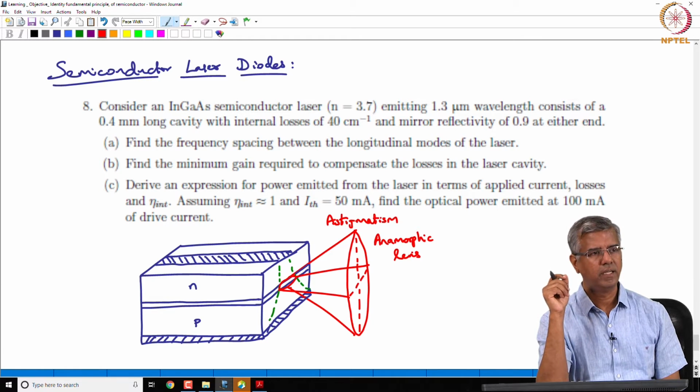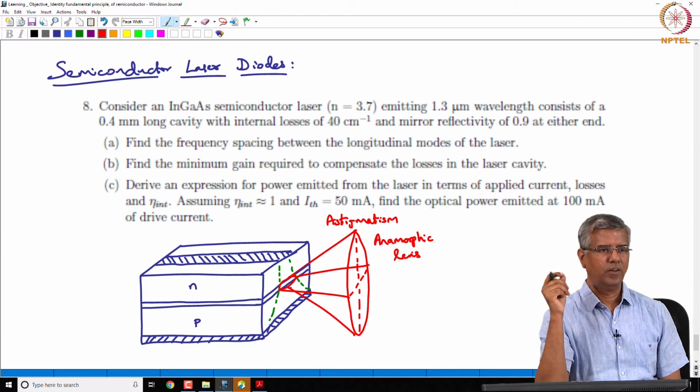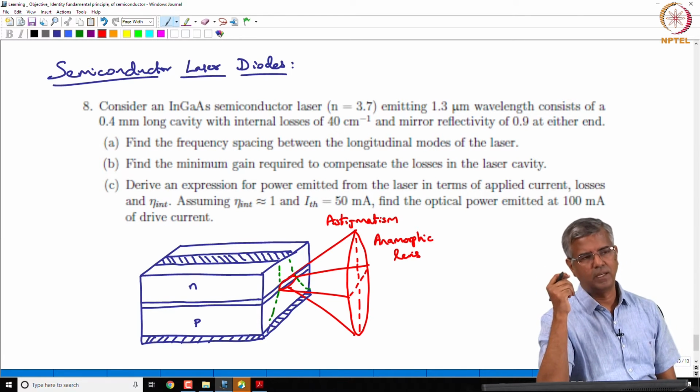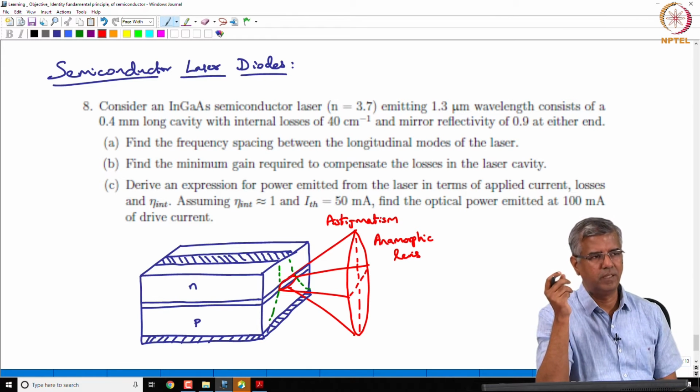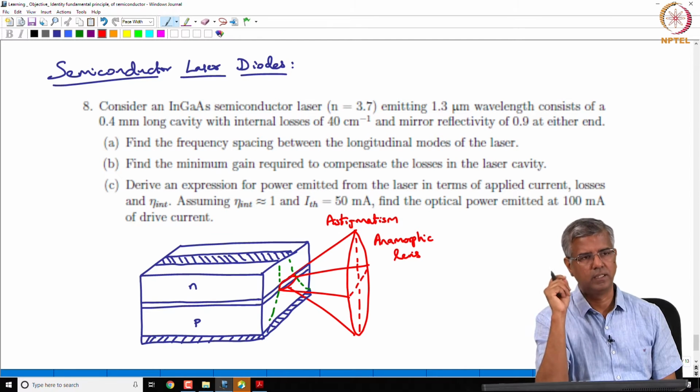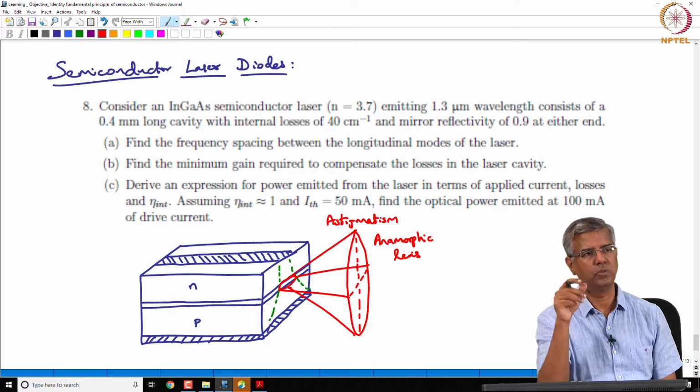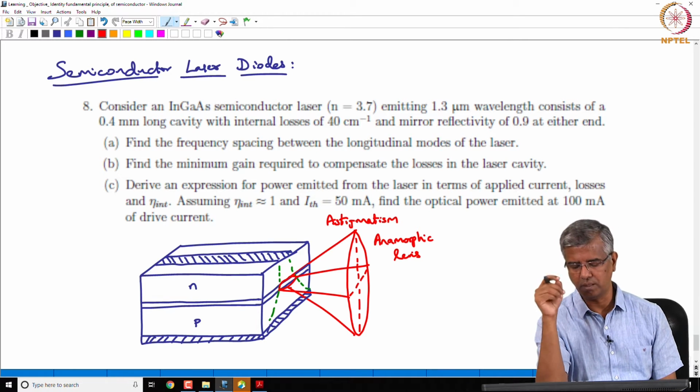Why might we need a circular beam? We talked about coupling into an optical fiber eventually. It has a circular cross section, so you need to fit this beam into that optical fiber.